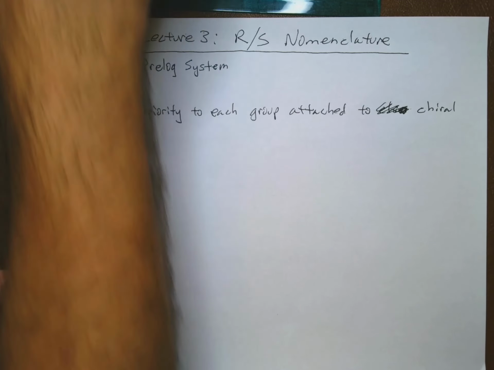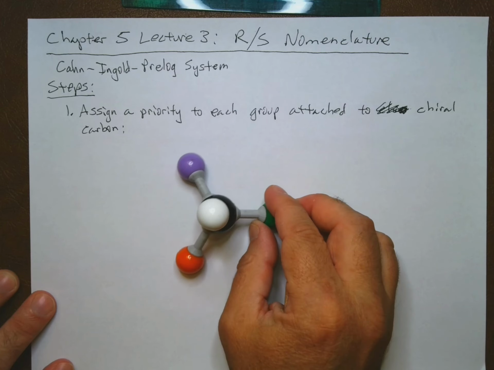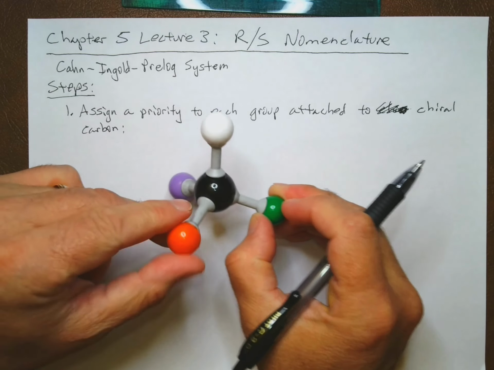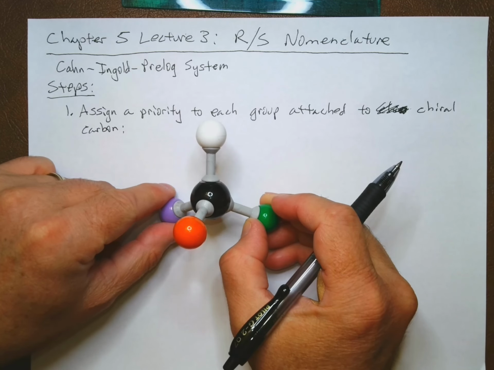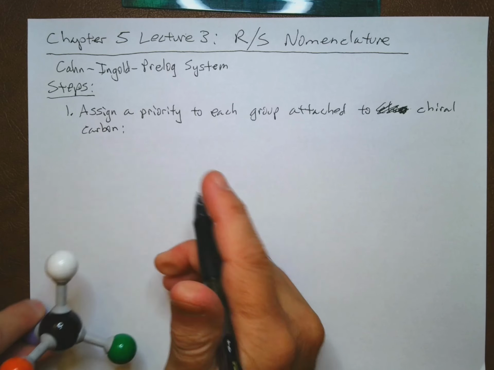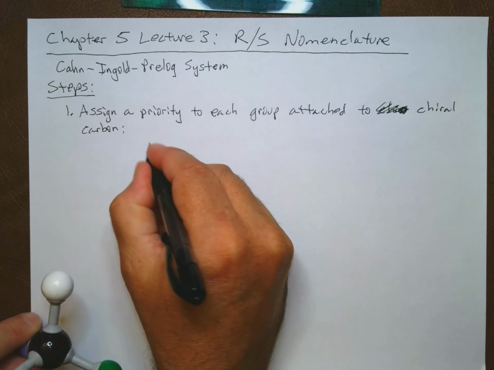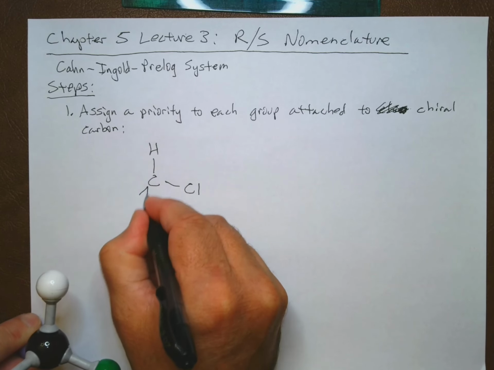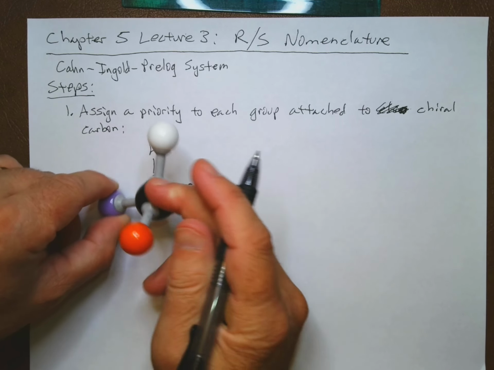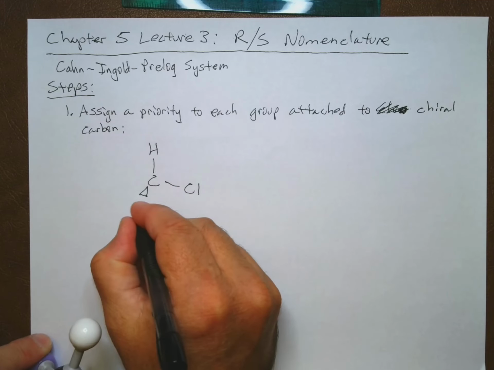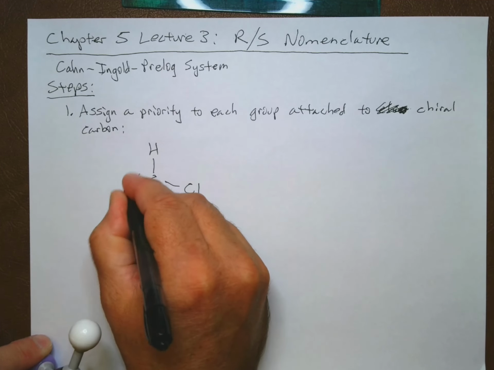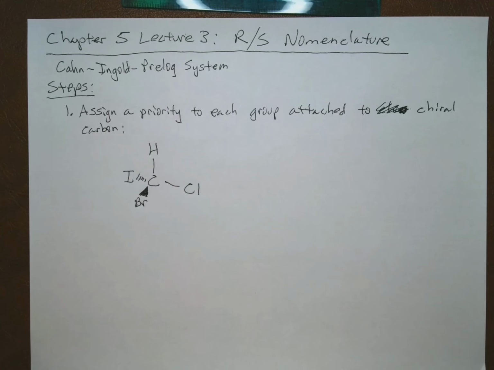So let's just take as an example this molecule here. This is one of the ones that we looked at last time. I'm going to have my hydrogen attached to my carbon, attached to a chlorine. The bromine is out front, and the iodine is in back.